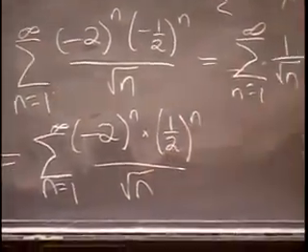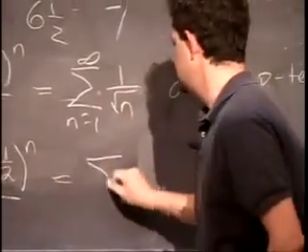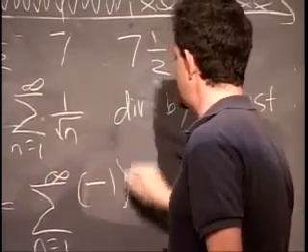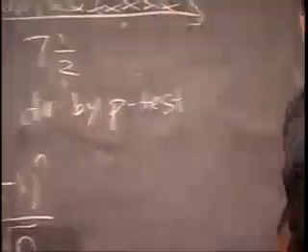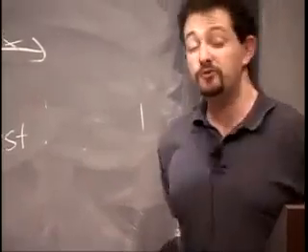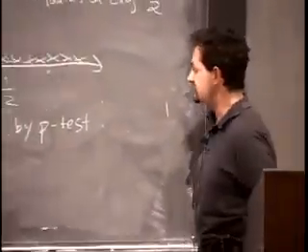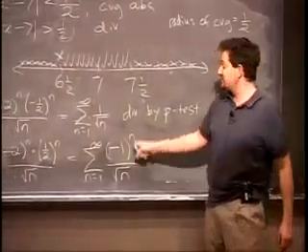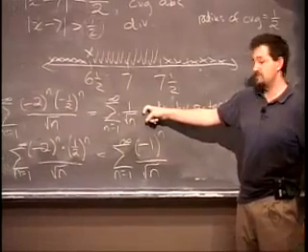And now, minus 2 times 1/2 is minus 1. So you get the sum from n equals 1 to infinity of minus 1 to the n over root n. What sort of series is this? Alternating. But remember, before you use the alternating series test, check the absolute convergence test first. I talked about this last time. Well, the absolute version of this series is just there, which diverges. So it's not absolutely convergent.